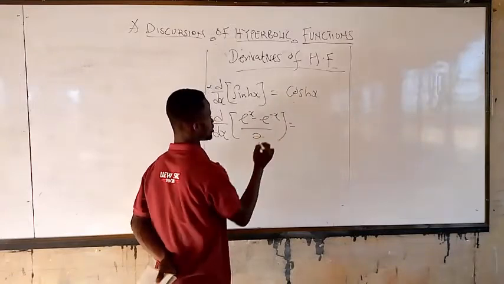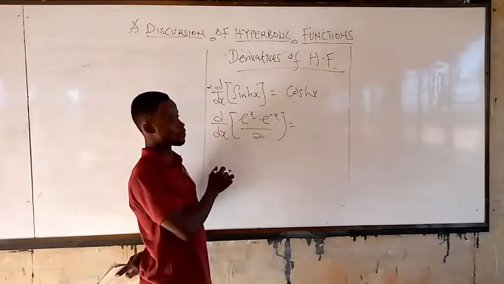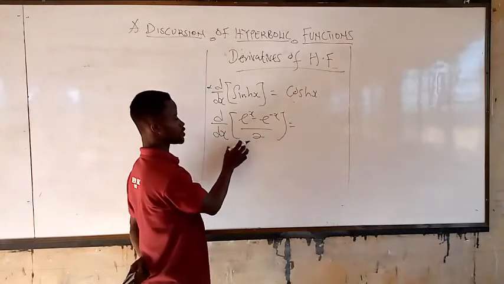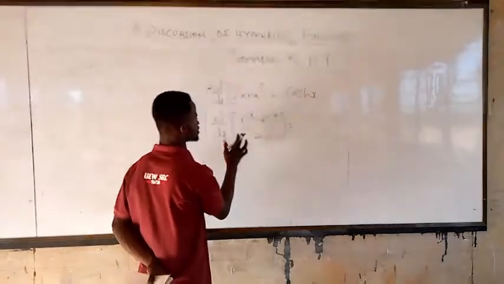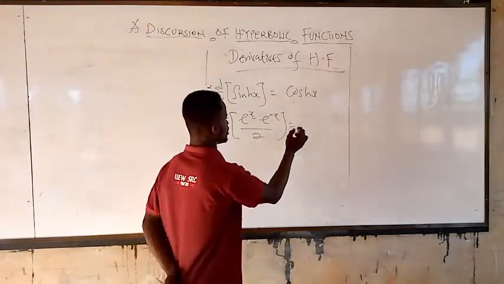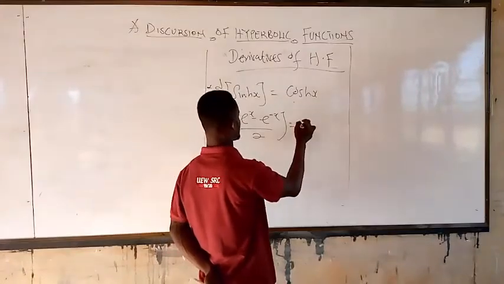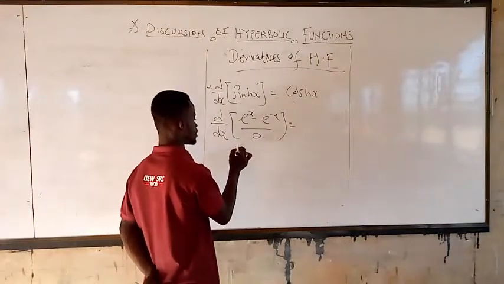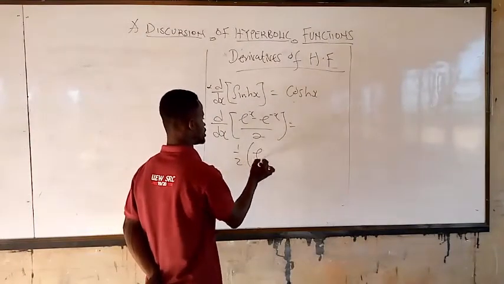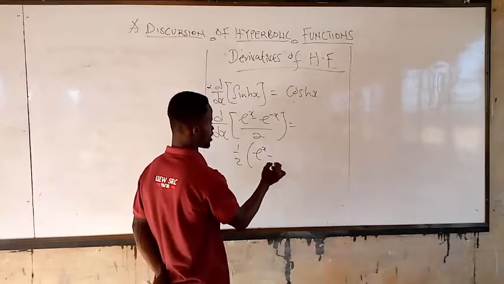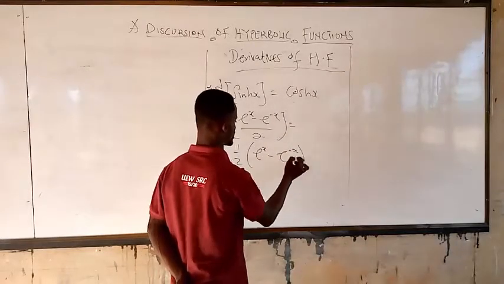So this is the same as half of e raised to power s minus e raised to power negative s.